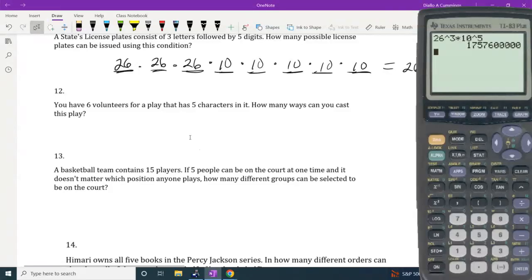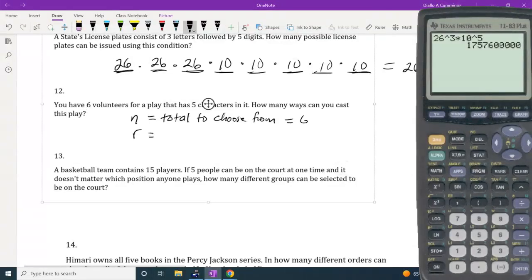Well, now we have deduced it down to a permutation. You need a value for N and you need a value for R. N is going to be the total to choose from. So how many people do we have to choose from? 6. So our N value is 6.